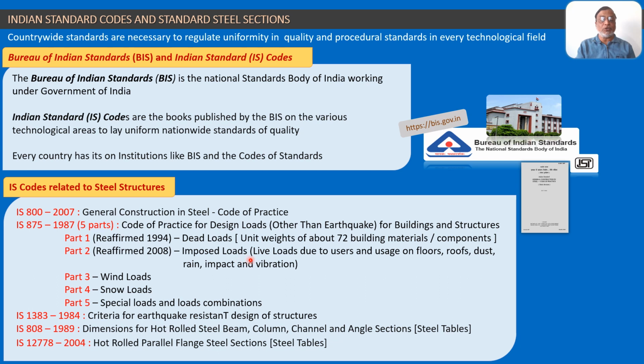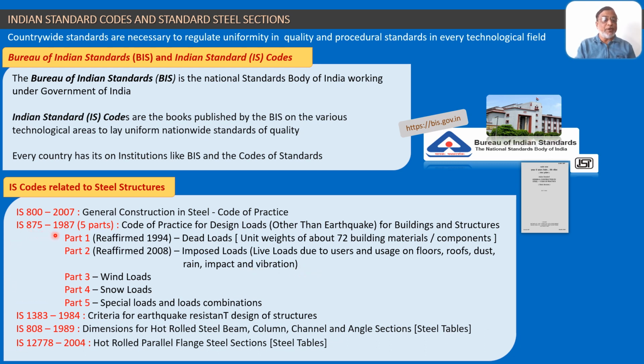Imposed loads are also called live loads, which are due to the users and usage of the floor of the structure, and this IS code gives us standard values of imposed or live loads on floors and roofs, and the live loads due to dust, rain, impact and vibration.